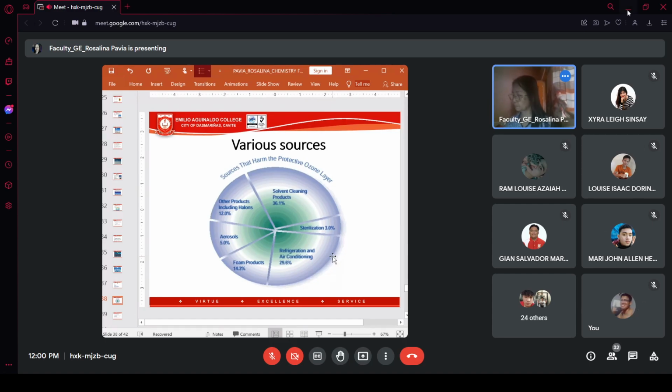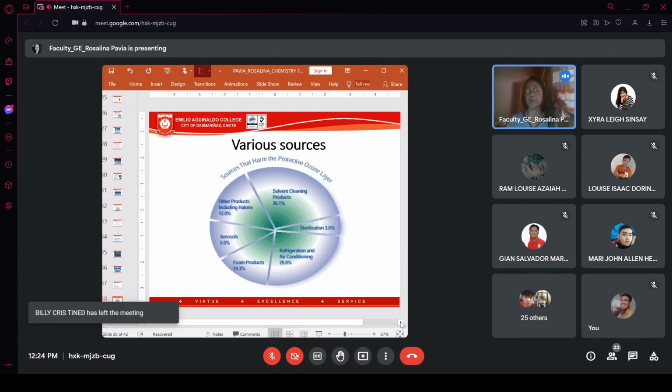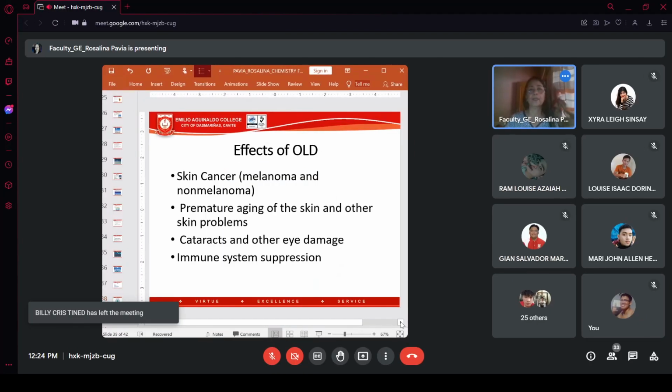Harming our body, meaning to say, to protect our health with regards to UV rays coming from the sun. So what are the effects of ozone layer depletion?